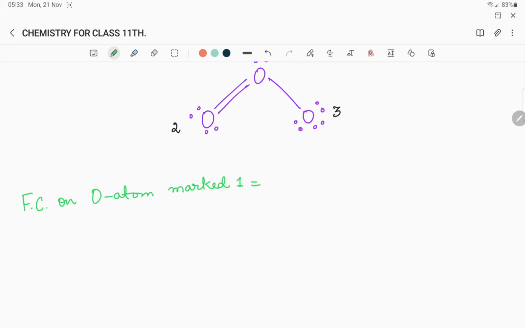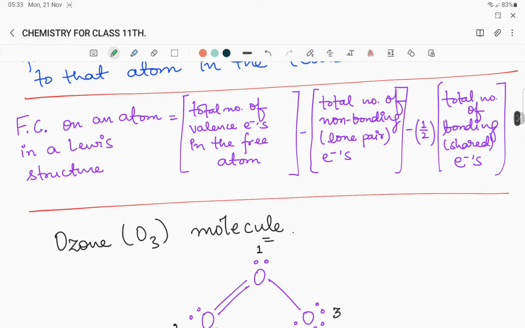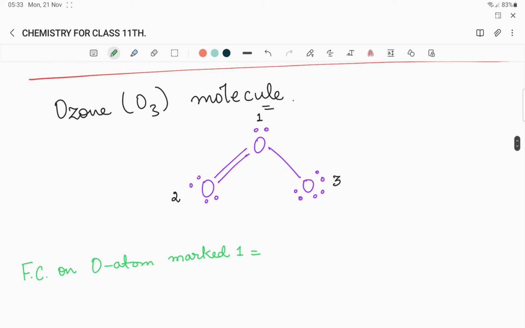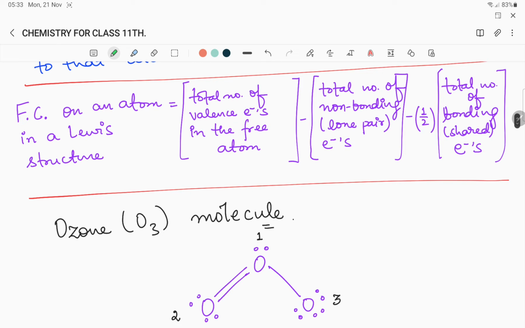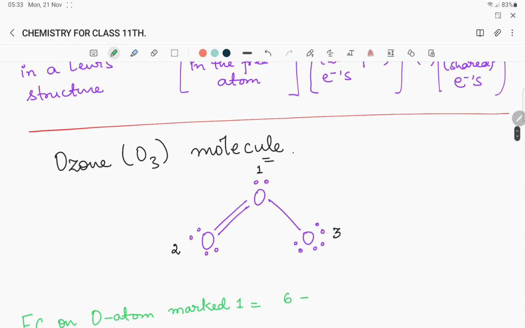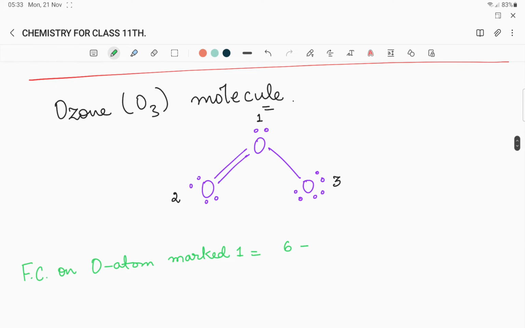As per the formula, the first thing that you have to write is the total number of valence electrons in the free atom. What is the total number of valence electrons in the free atom of oxygen? That is 6. Then minus the total number of non-bonding electrons. Here you can see there is one lone pair, and one lone pair contains 2 electrons, so minus 2.